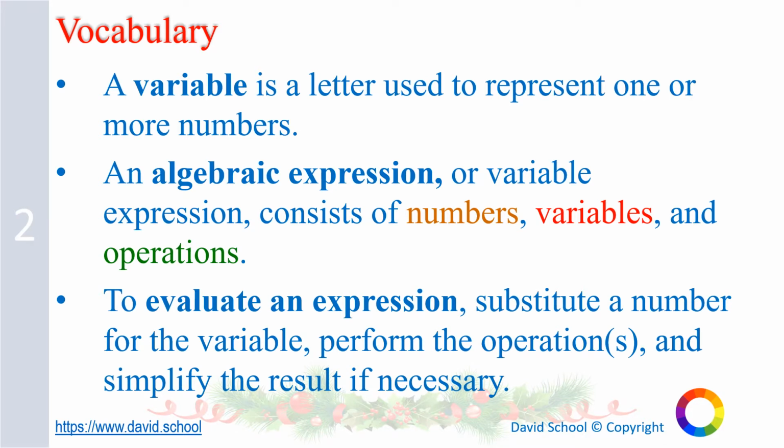To evaluate an expression, substitute a number for the variable, perform the operation, and simplify the result if necessary. We just replace the variable with the given numerical value or a number, then perform necessary operations.